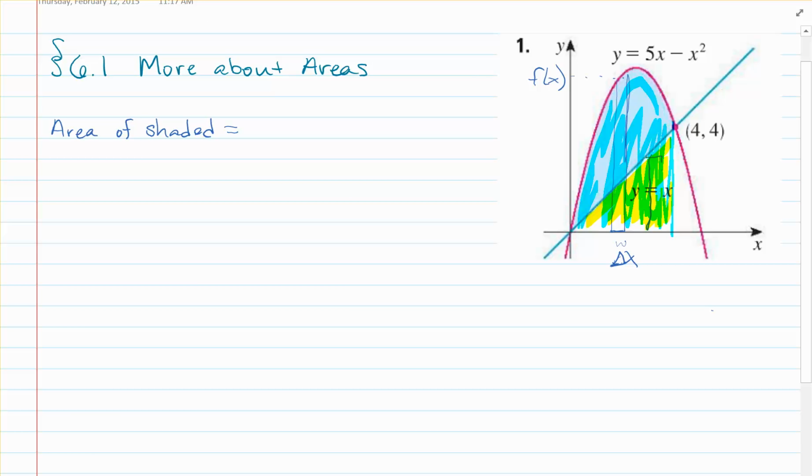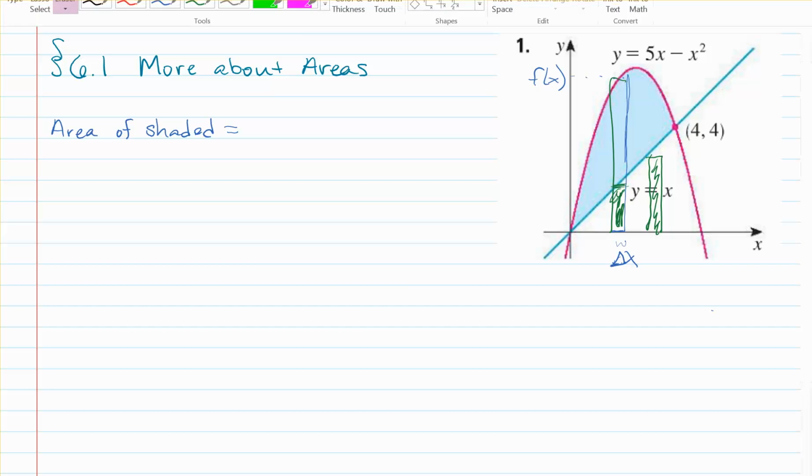Little rectangles like this that go up to the height of the blue line. Well, in between here, here's another rectangle for the triangle. If all I want is the original blue shaded area, then I'm interested in the rectangle in the middle.